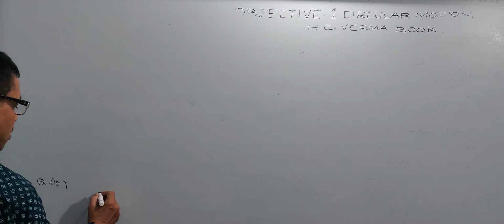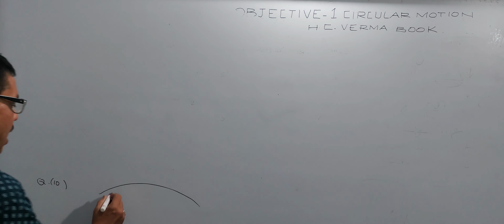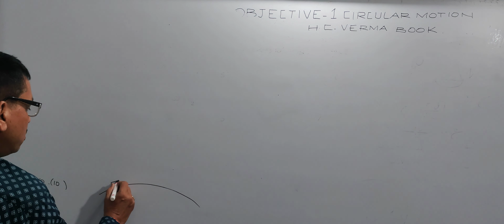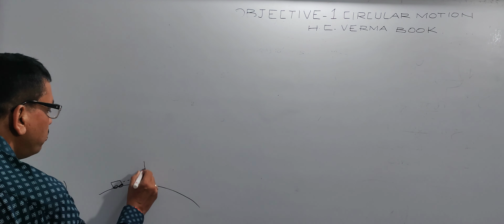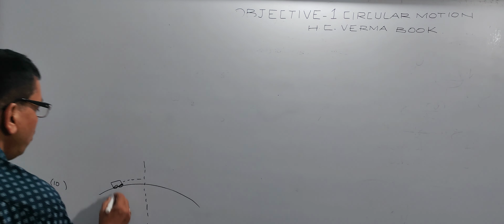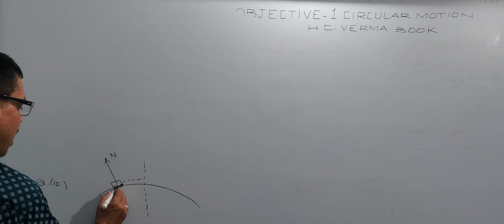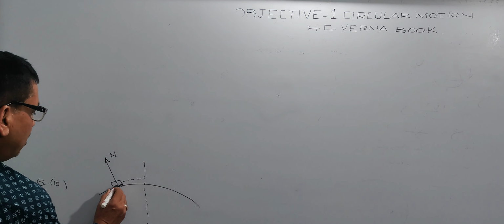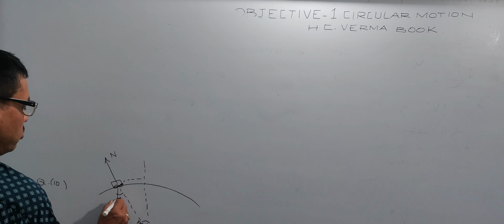Now if you take a circular path like this, and as the object goes towards the top, this is the top, and let us say this is the center of the circle. Now here you will observe the normal reaction N is in this direction and mg is acting in this direction. Now when you join it, this angle is theta, so you will observe this angle is also theta.